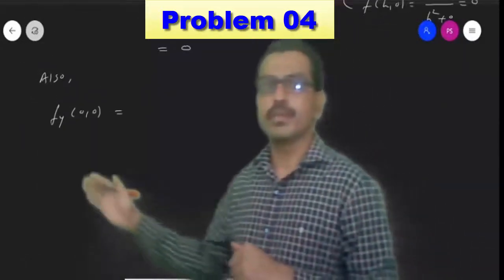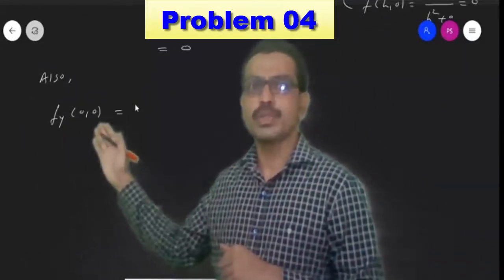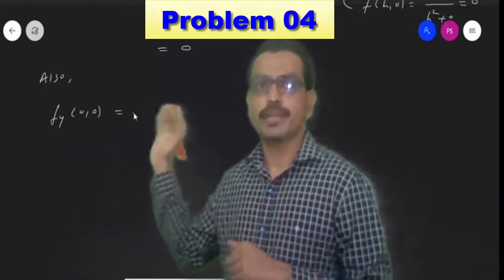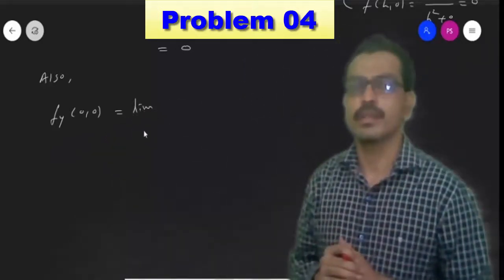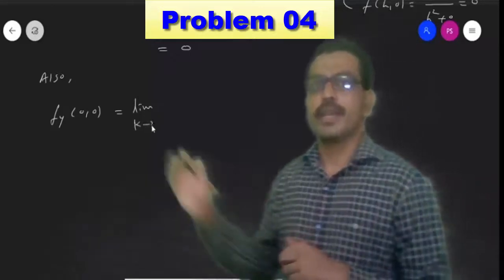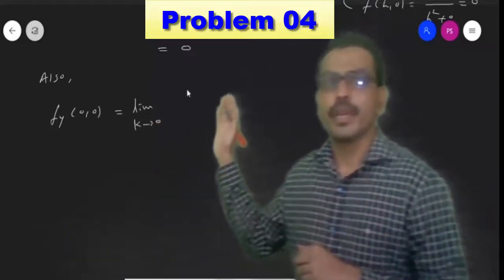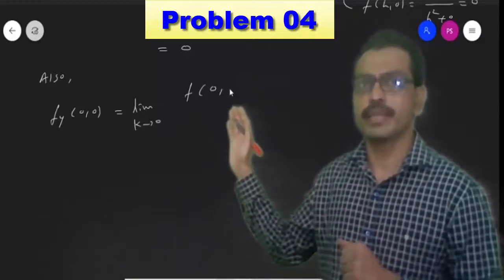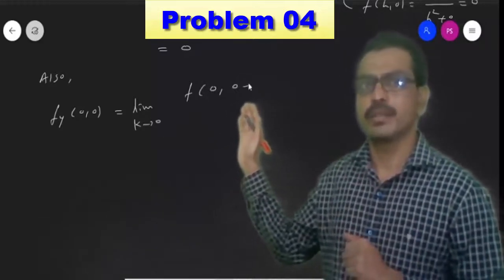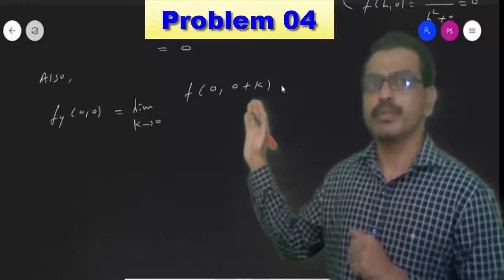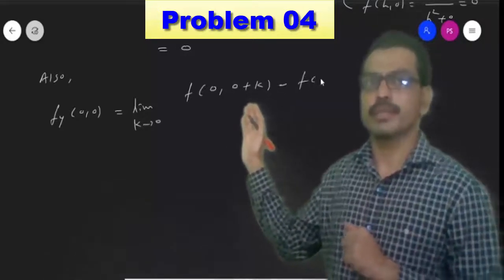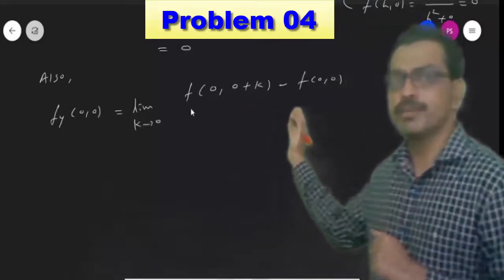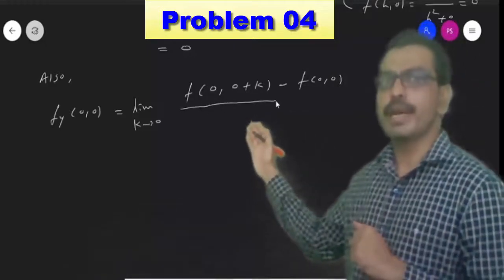Therefore, f_y at the point (0, 0) is equal to the limit as k tends to 0 of f(0, 0 + k) minus f(0, 0), divided by k.